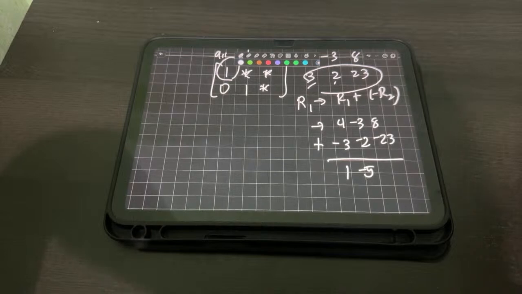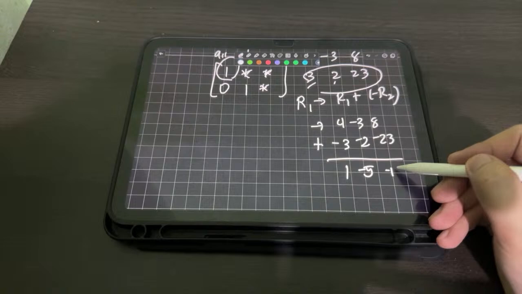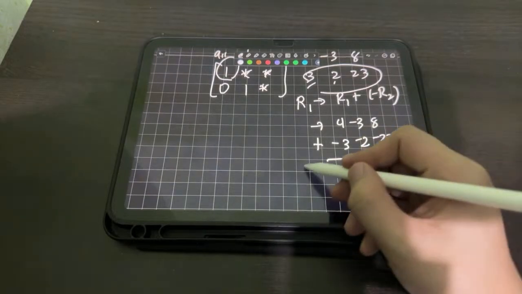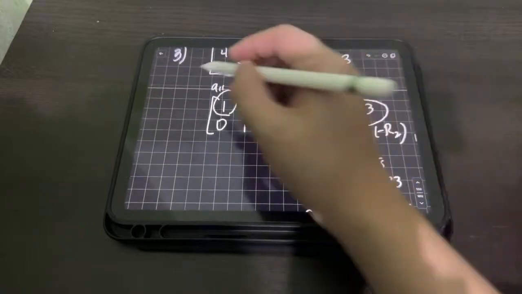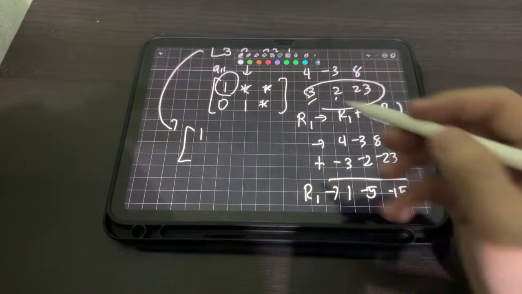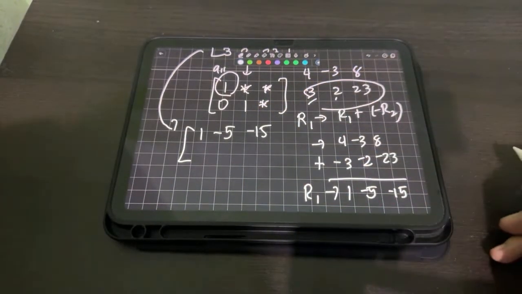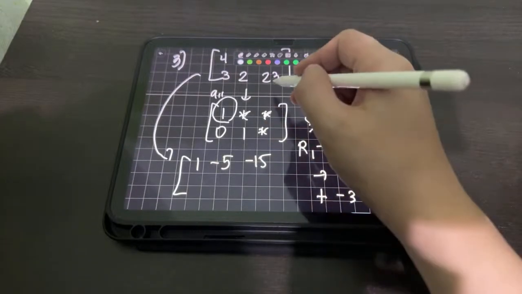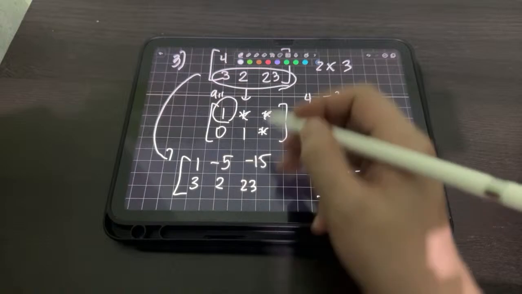Sorry, negative 15, I mean. Negative 15, not 11. So therefore, this will be the new entries in R1. So we will have 1, negative 5, negative 15. Then just copy row 2, 3, 2, 23.